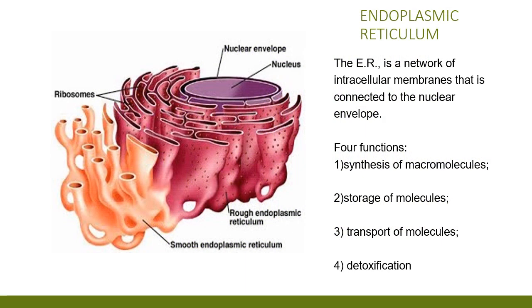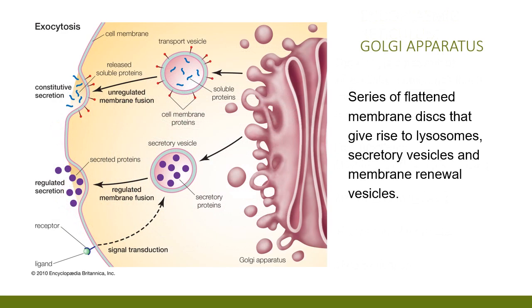And so here you see the endoplasmic reticulum is always attached to the nuclear membrane, and it's showing you both rough and smooth here. And the four functions of the endoplasmic reticulum are synthesis of macromolecules, storage of molecules, transport of molecules, and detoxification.